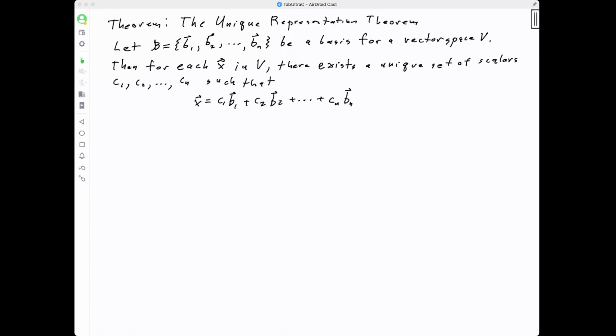So what this is saying is if B is a basis, then every vector in V can be written as a linear combination of the vectors in the basis, but it can only be done in one way.